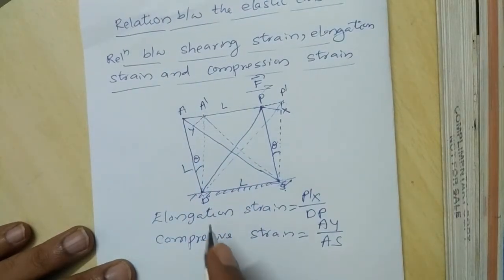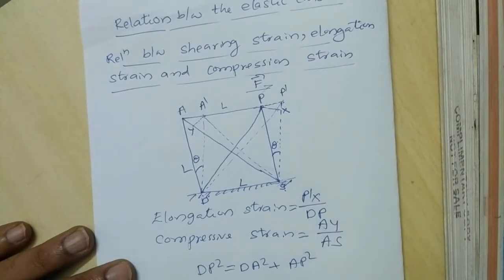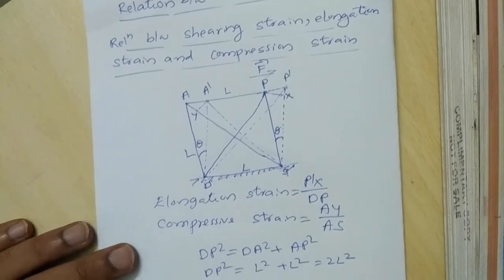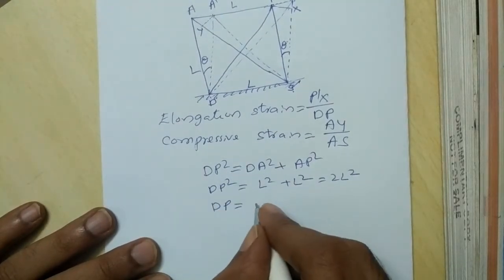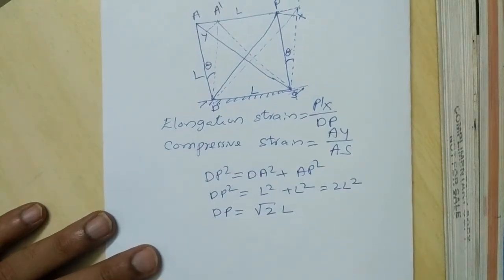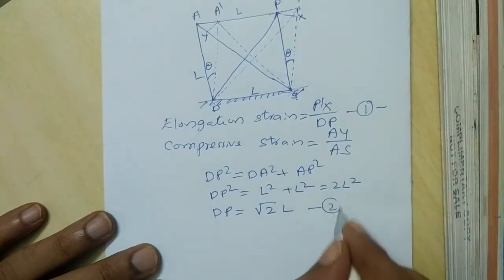So this is equal to L square plus L square, so DP square is equal to 2L square. So DP will be equal to root 2 into L. So this is the expression for DP. Now, let this equation be equation number 1. This is equation number 2.